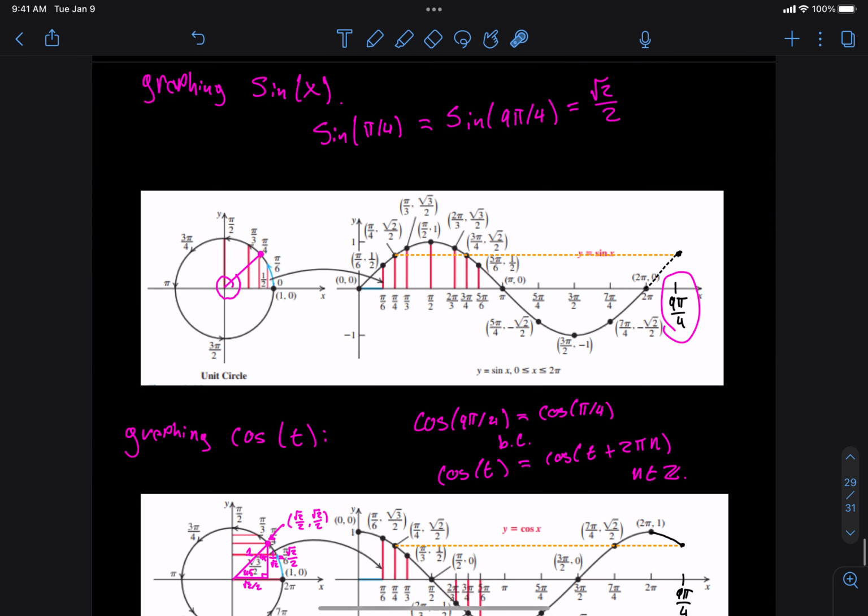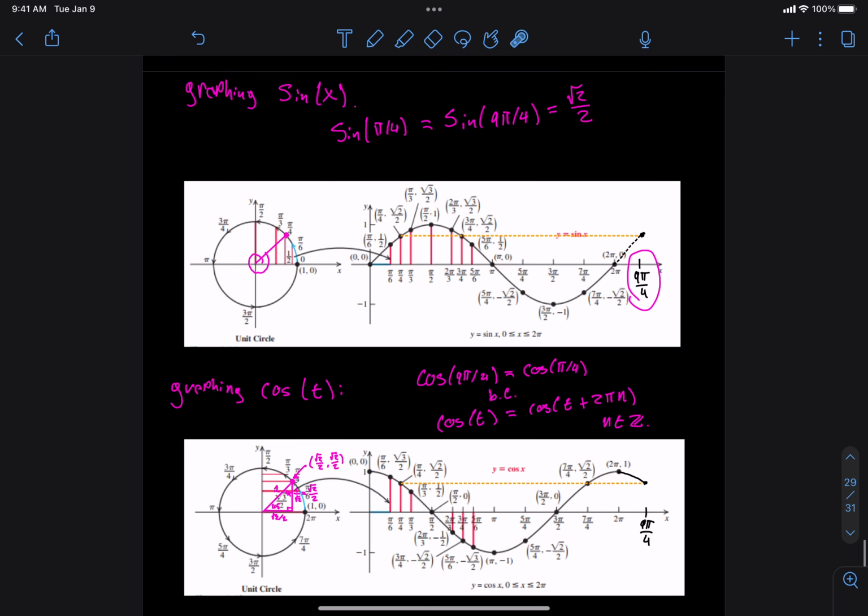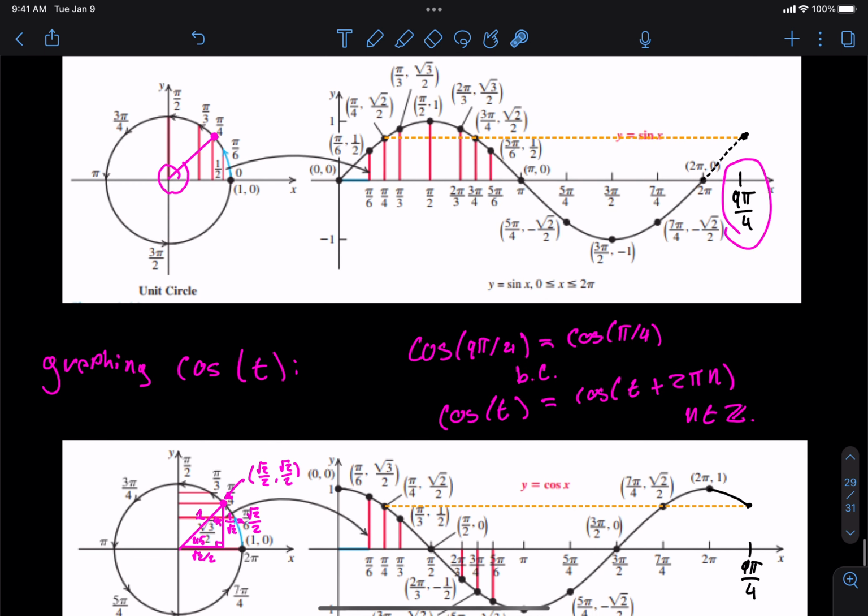Okay, so do we have any questions on how we make the graphs of sine and cosine? Something you might notice, by the way, about these graphs is that they look kind of similar, don't they?